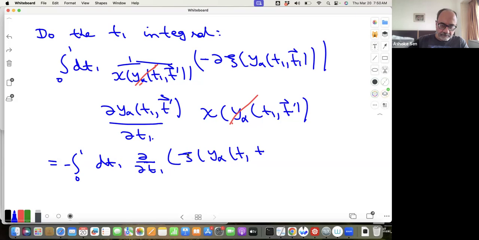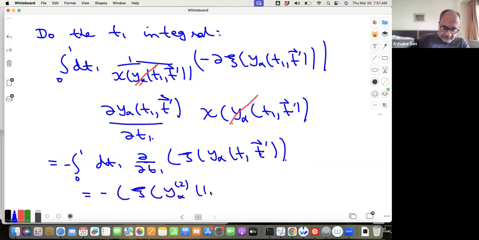So this is t prime, not t. Which is essentially minus xi of y2 alpha t prime minus xi of y1 alpha t prime.